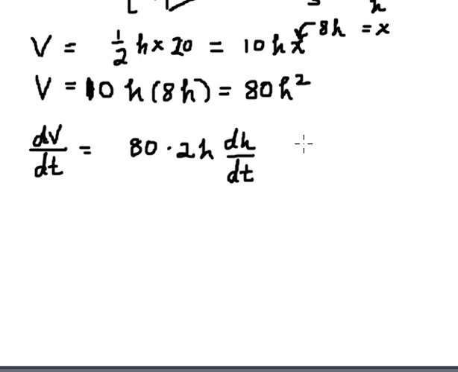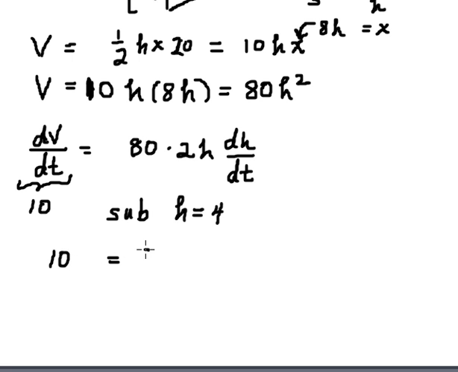And we know that dv dt, the water is being poured in at a constant rate of 10, and now we want to sub in a specific value, h equals 4, because we want to figure out what dh dt is when the height is 4. So we have 10 is equal to 2 times 80, that's 160, times 4, dh dt.